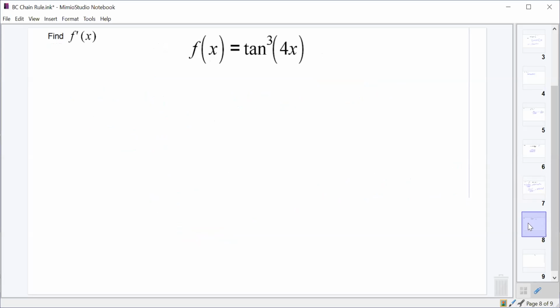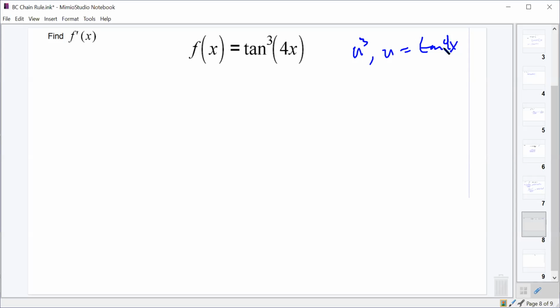So what about tangent cubed 4x? What's the outermost function on this? It's the cubed, right? So this is u cubed with u equal to tangent 4x.